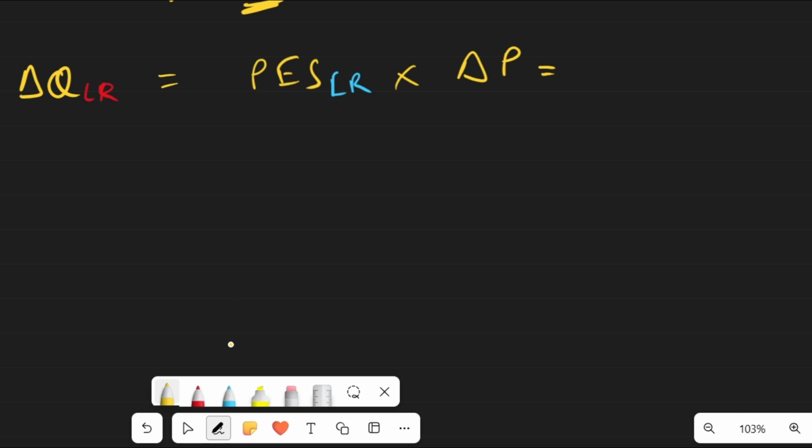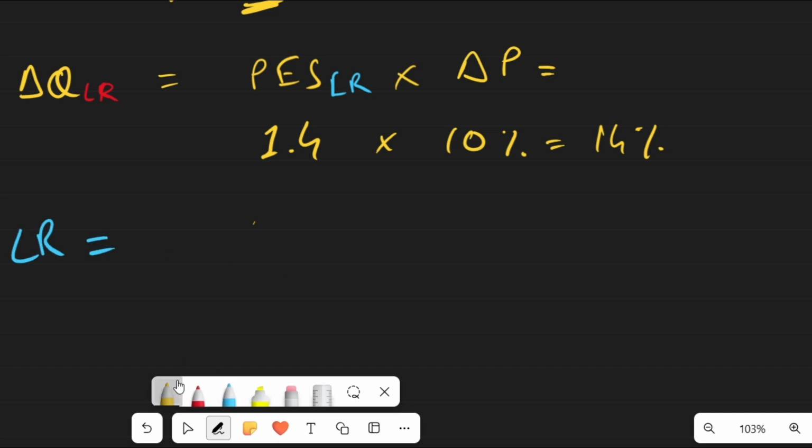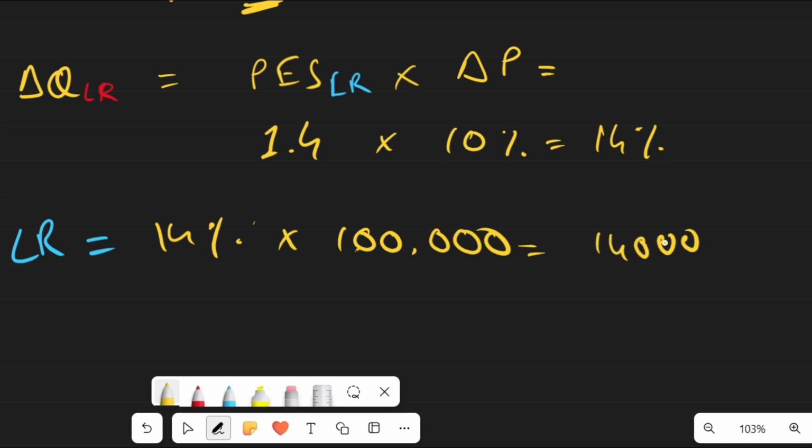So this will be 1.4 multiplied by the 10% increase, which gives us 14%. So in our long run, our supply increased by 14%. 14% of our initial 1 lakh units is 14,000. So in our long run, our supply increased by 14,000 units.